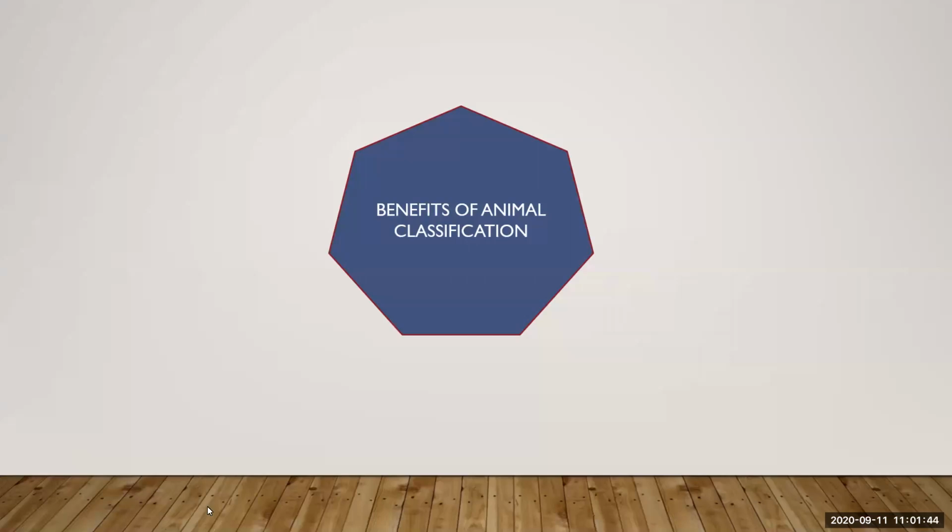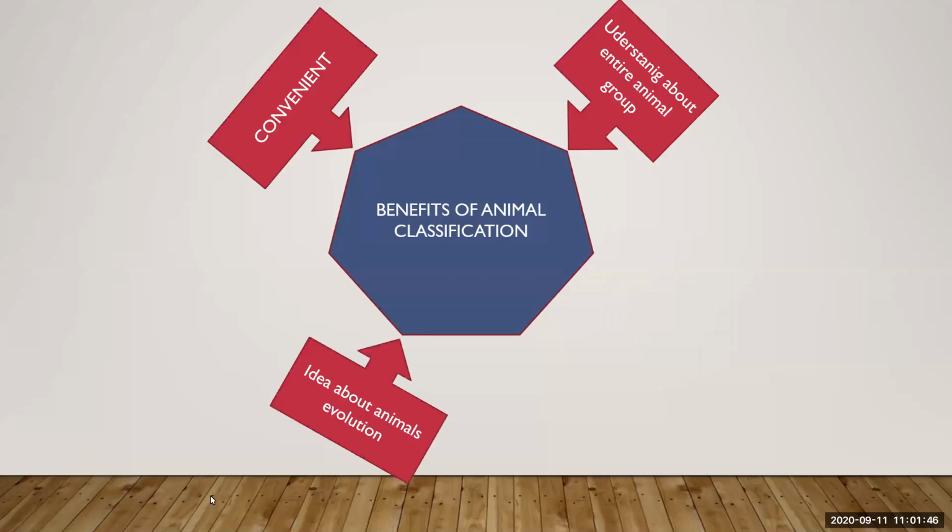The first one is convenience. If we are classifying the animals, it becomes very easy to understand, and it becomes convenient for us. Understanding the entire animal group: when we are studying the animals, we are classifying them, so we can understand the entire animal group, whatever group they belong to, and come to the characteristics of the entire group.